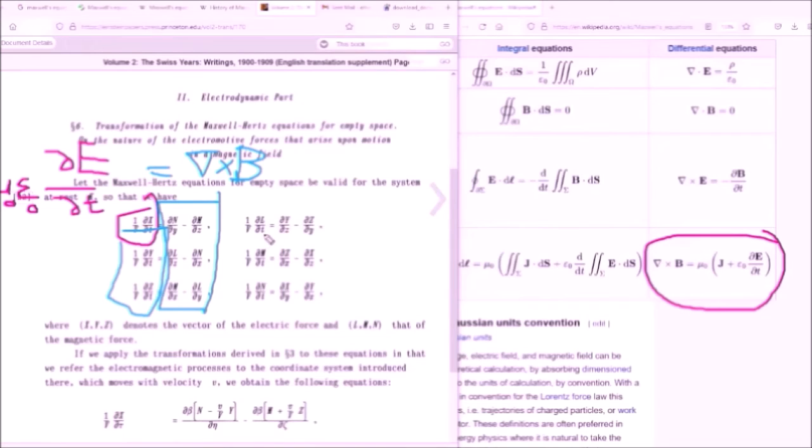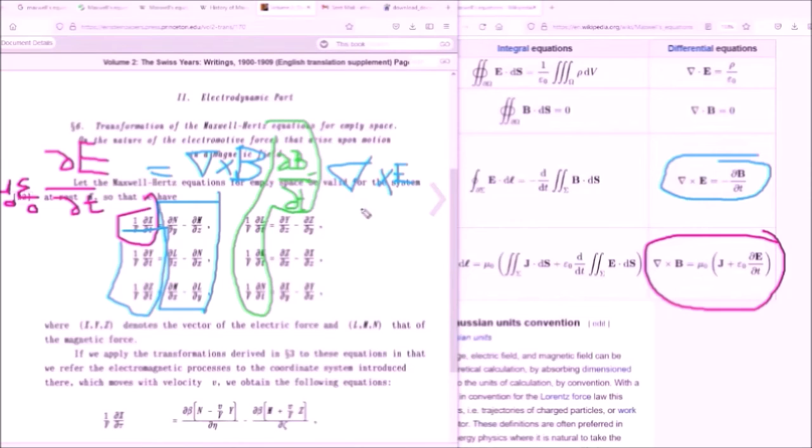On this side, you can look at this equation right here. On this side, the curl of E equals the time derivative of P, that is this side of the equation, and that is this side of the equation. Now X, Y, and Z are the electric components, and those are the magnetic components of the magnetic field.